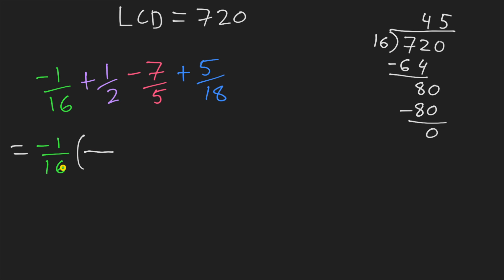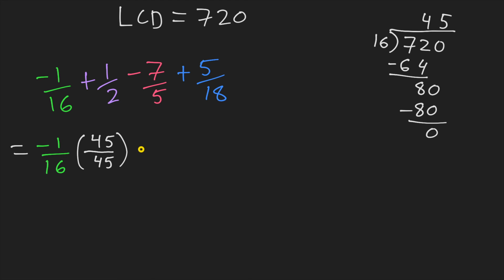So you're going to have to multiply the numerator and the denominator by 45, because 16 times 45 is equal to 720, and because 45 over 45, so 45 divided by 45, is equal to 1. So everything you have enclosed in these brackets is equal to 1. And negative 1 over 16 times 1 is still just equal to negative 1 over 16.